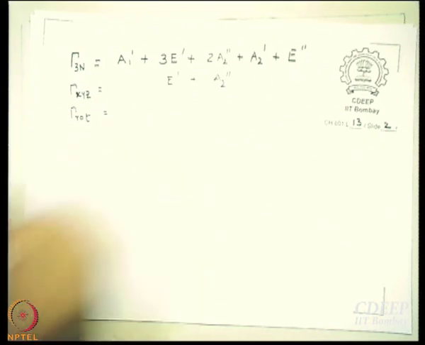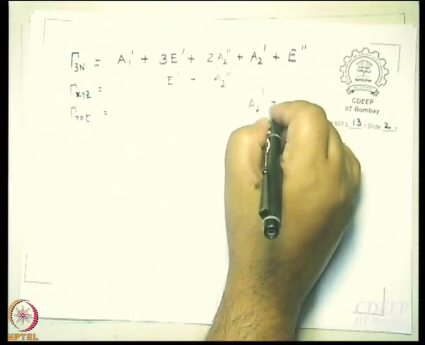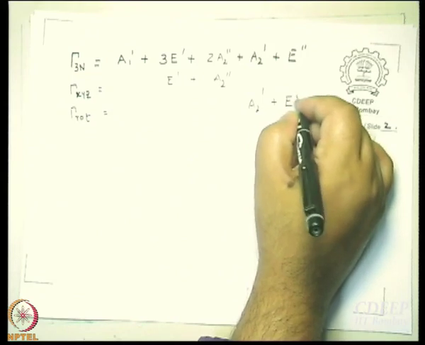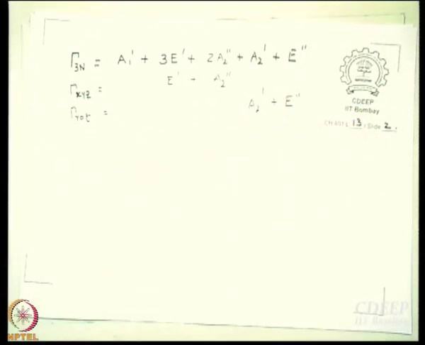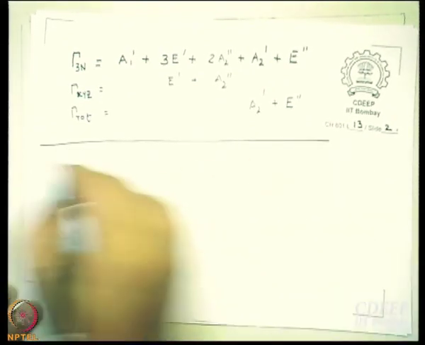What will gamma rot be equal to? A2 dash, is that right? A2 dash plus E double dash. Okay. So, what I want to work out finally is gamma vib.